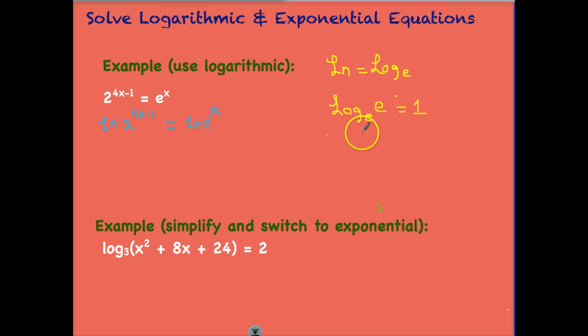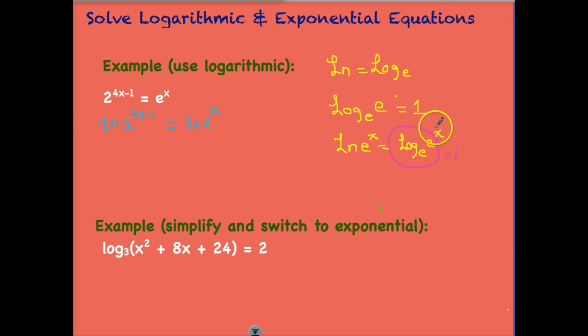So what we really have here, the natural log of e to the x, is the same thing as log base e of e to the x. And what I can do is circle this portion here, and I know that that equals 1.